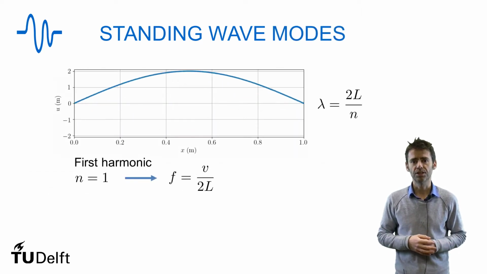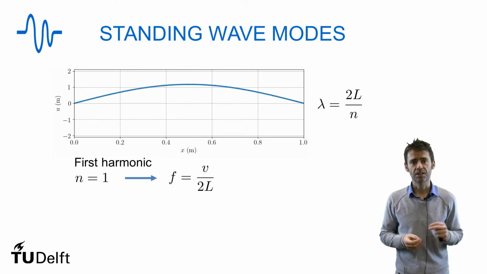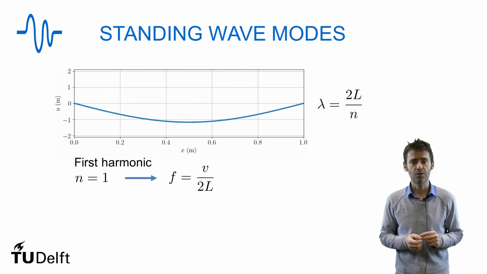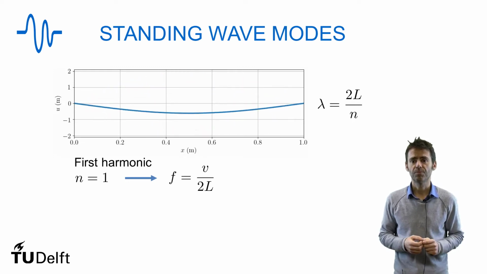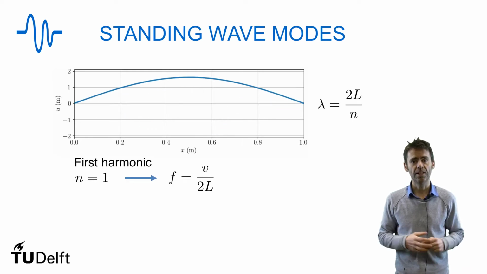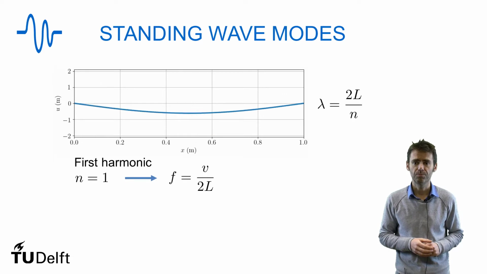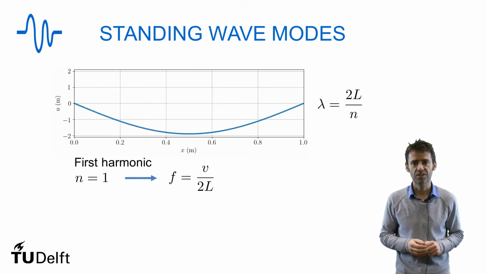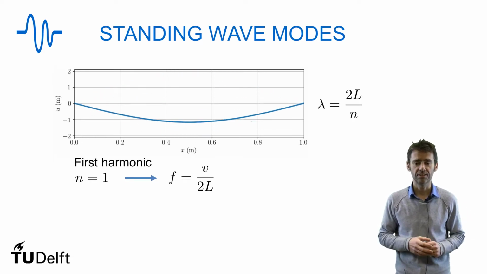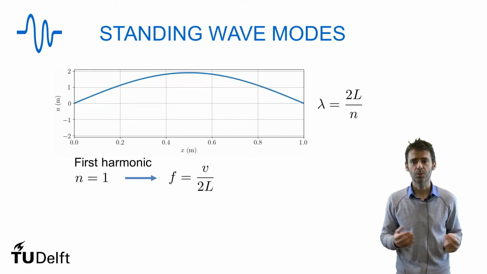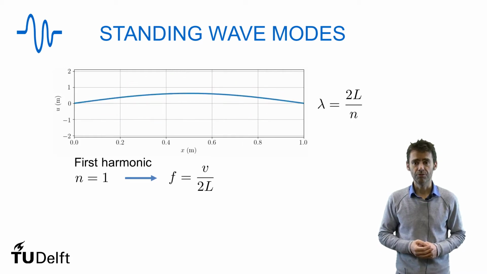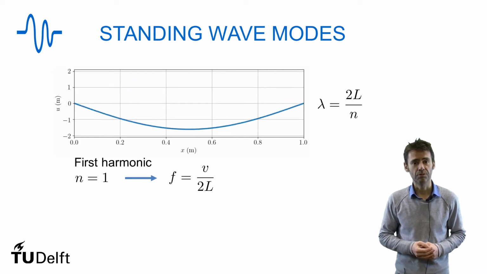So the simple solution is for the solution where sine kx equals 0 at 0 and at the other side of the rope. In this case, we can obtain that by choosing a wavelength that is equal to 2 times the length of the rope, 2L. You can see here that both at the left hand side and at the right hand side the amplitude is 0 and there's an oscillating pattern in between. This is what we call the first harmonic, and the frequency of the first harmonic is V divided by the wavelength, is V divided by 2L.